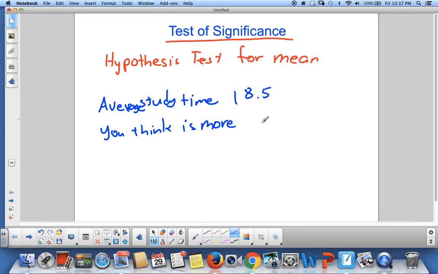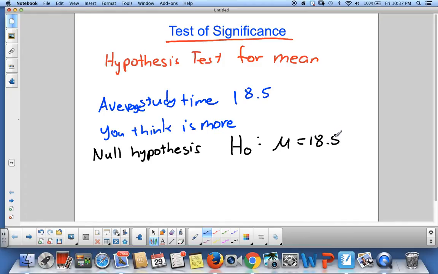So what happens is we take this first statement that's made, and we're going to call that the null hypothesis. The symbol for null hypothesis is H naught, and that's that the mean is equal to 18.5.